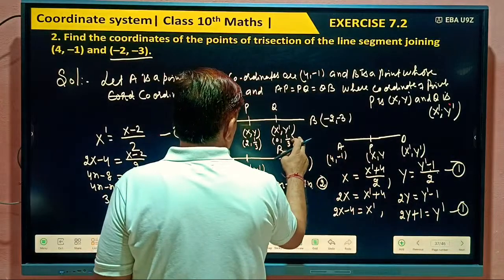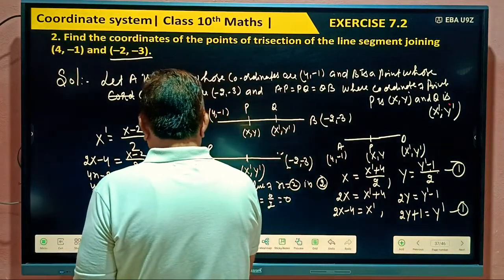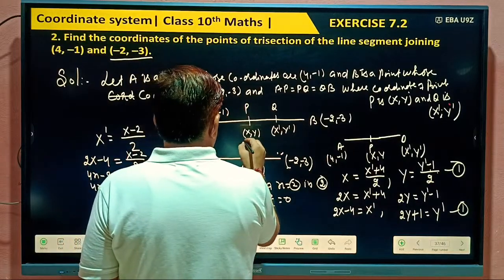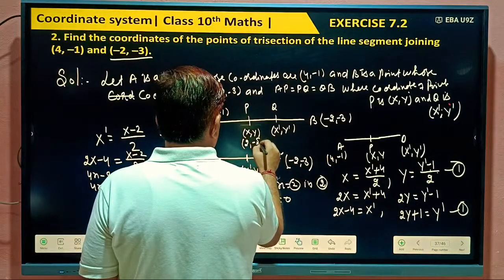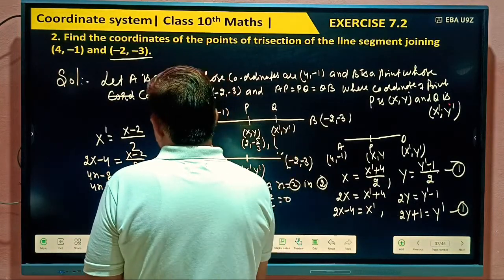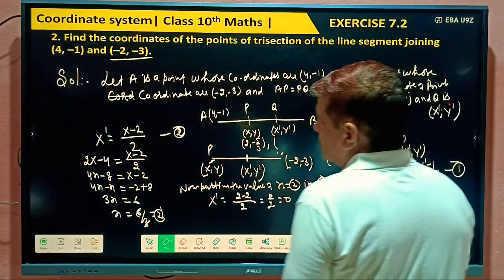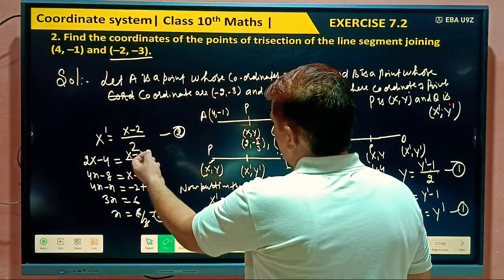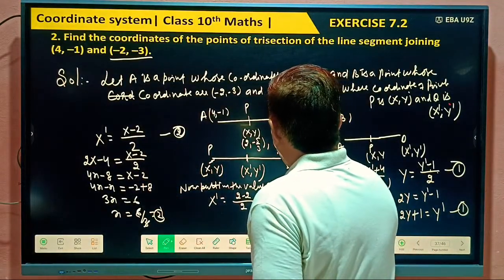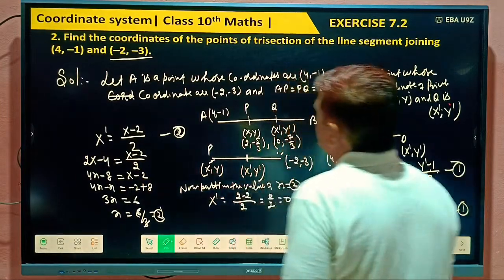This value becomes 2, minus 5 by 3, y, x dash where? This is 0, and this is minus 7 by 3.